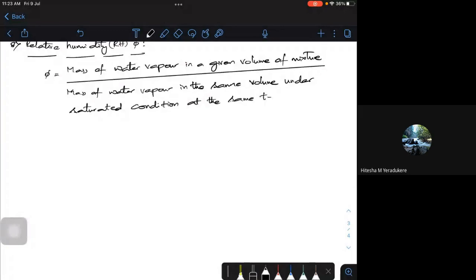So this is the proper definition of your relative humidity.